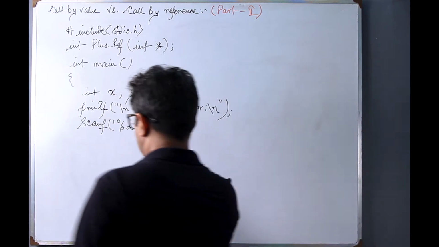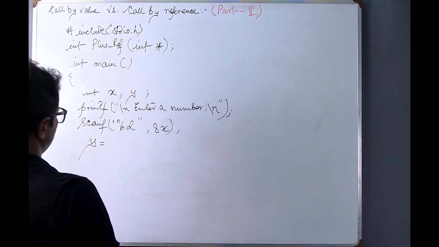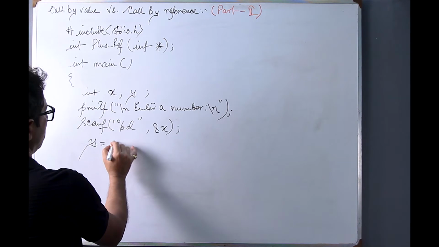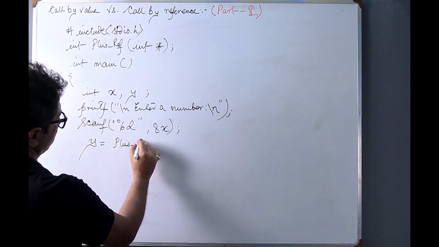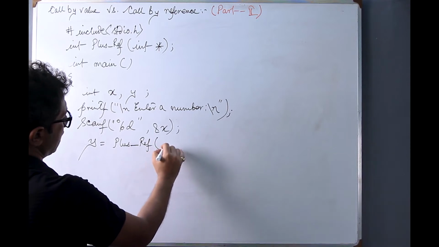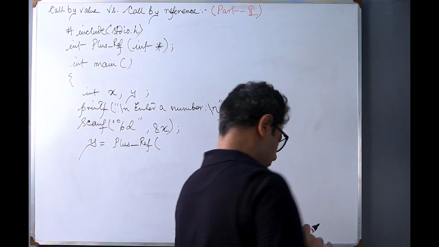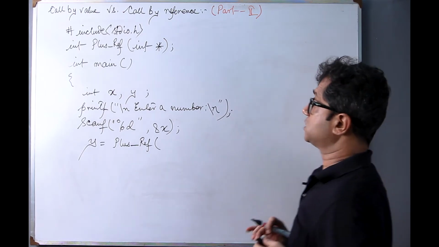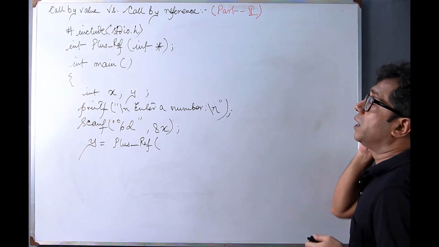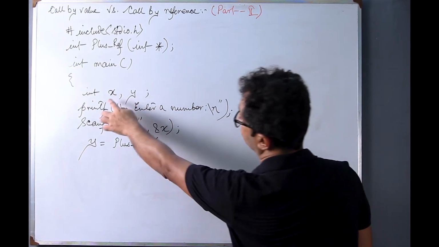So we will write y is equal to +ref, and I am going to supply an address to the variable x. In the previous example, we passed the actual argument to be the value of x.